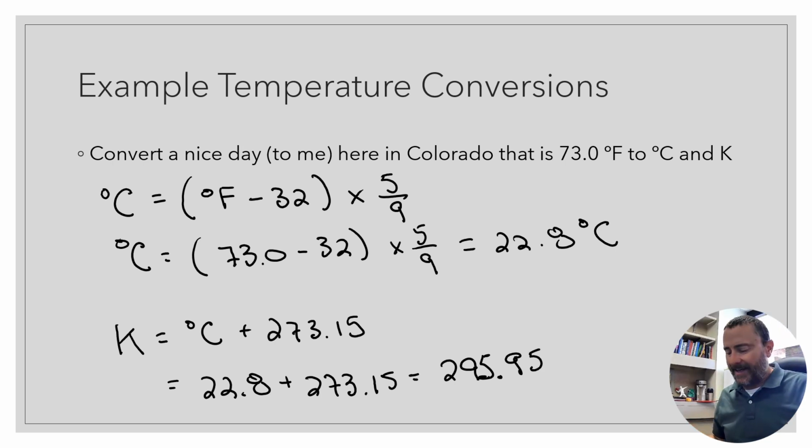But again, 273.15 is an exact value, so we really need to report this to 3 significant figures. So that would be 296 kelvins.